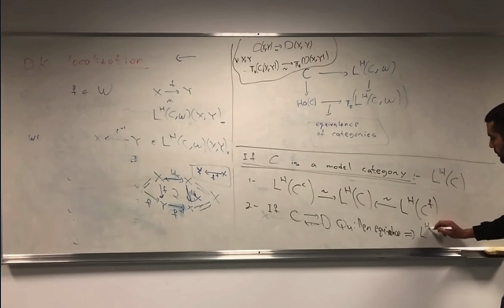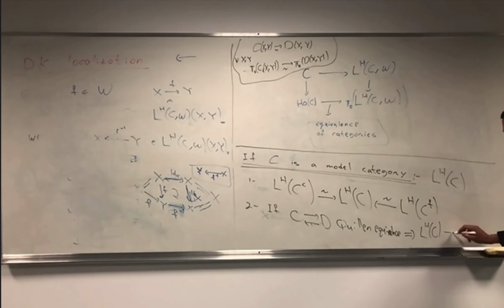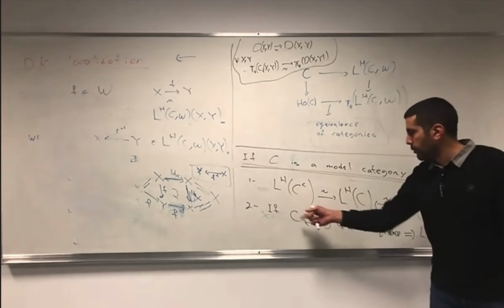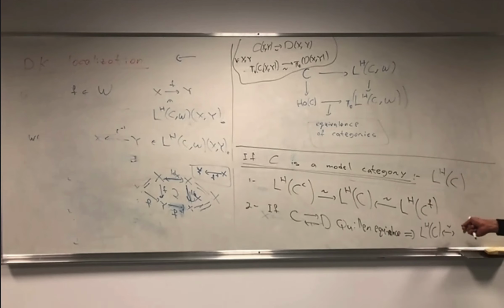Okay. In both directions we have an adjunction here. We don't have an adjunction here, but both of them are Dwyer-Kan equivalences.